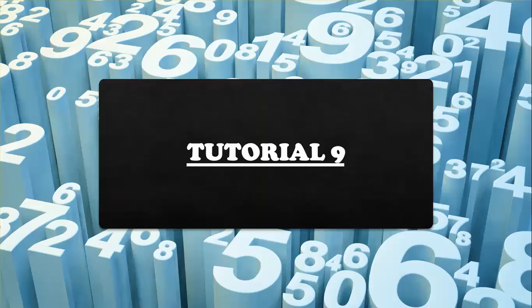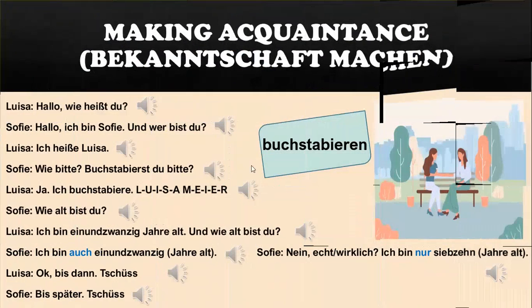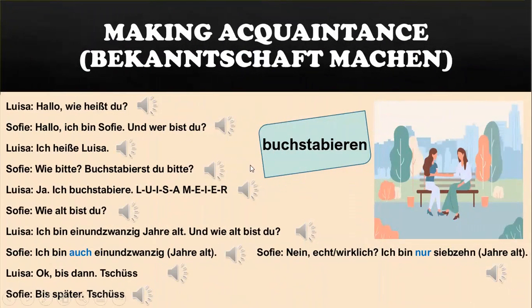Now in this part, I will show you a basic dialogue of two women making an acquaintance. So let's move on. Making an acquaintance in German is called Bekanntschaft machen.